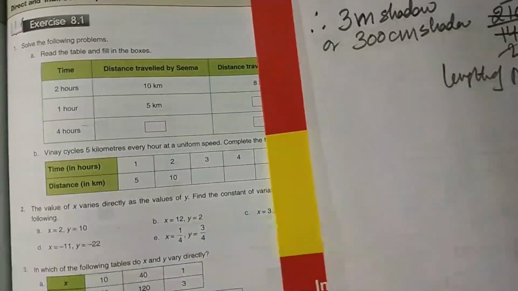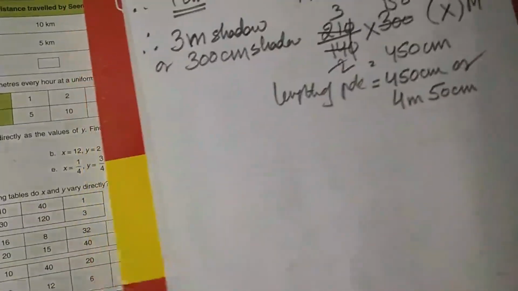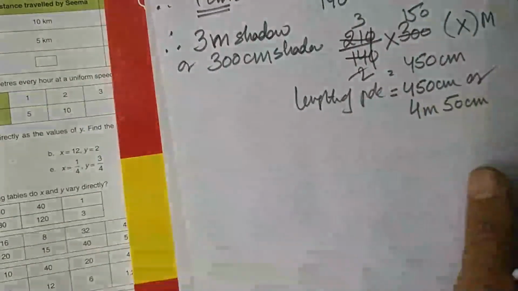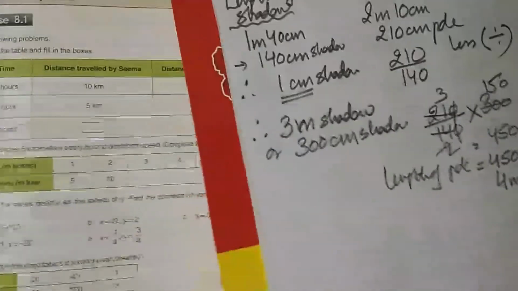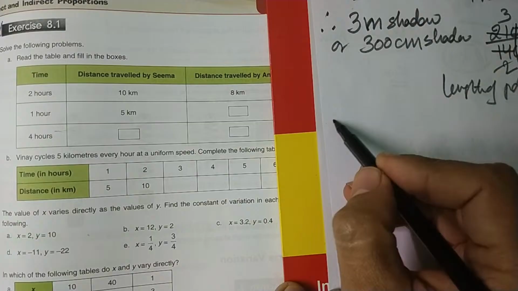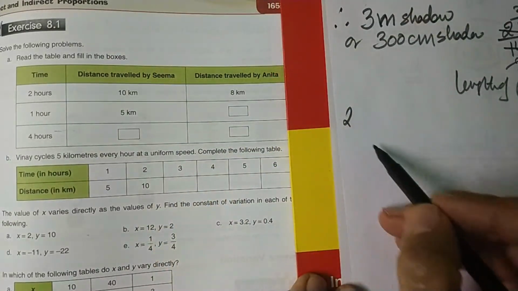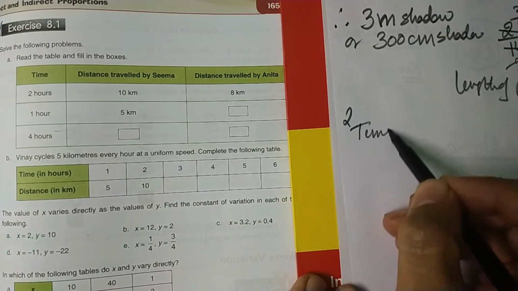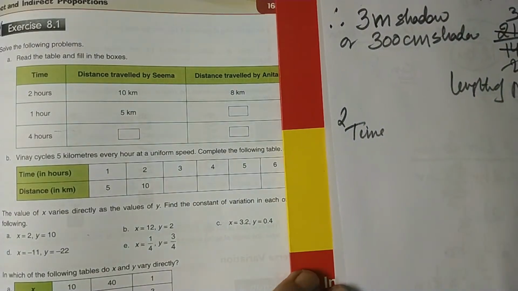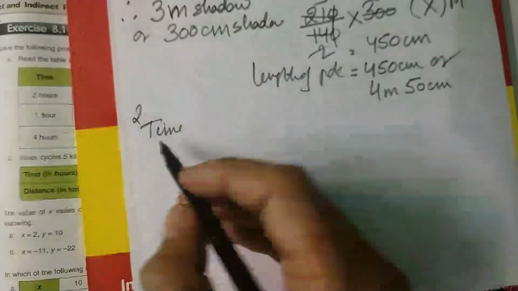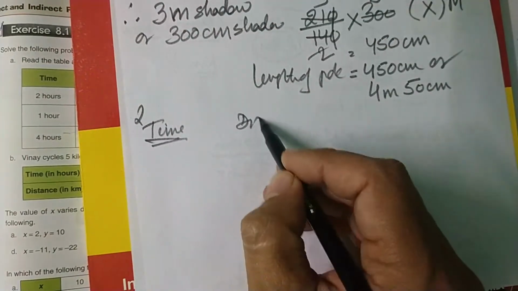So see, the concept again becomes the same. Let's see this question. We have to find for Anita. So time and distance. I have to write time here and distance here.